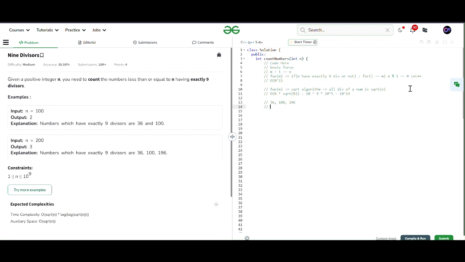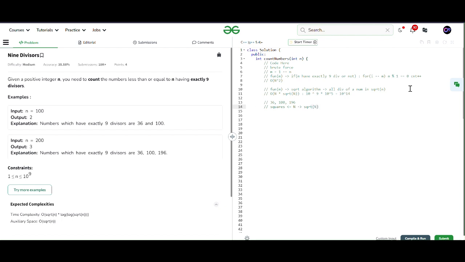So what I can do is find all the perfect squares which are less than or equal to n, and store them. There would be a maximum of square root of n of them.